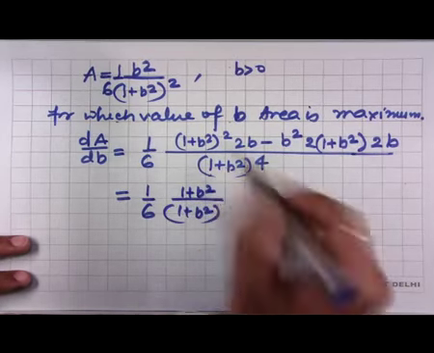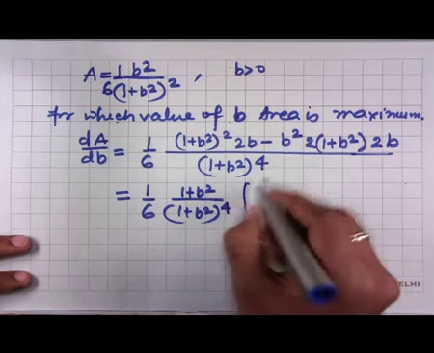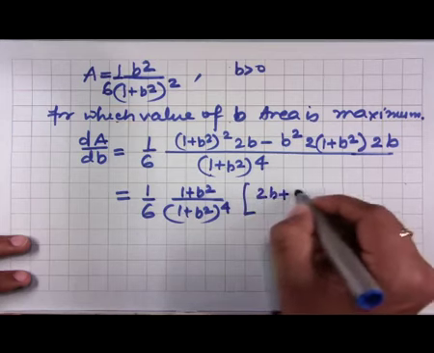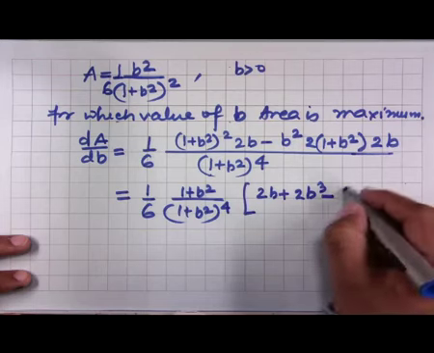So 1 plus b square is common here. So what we get is 2b plus 2b cube minus 4b cube.